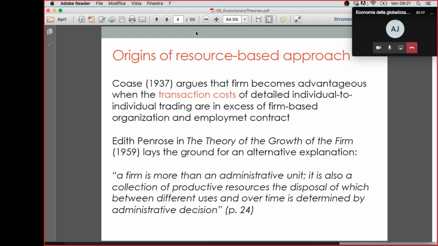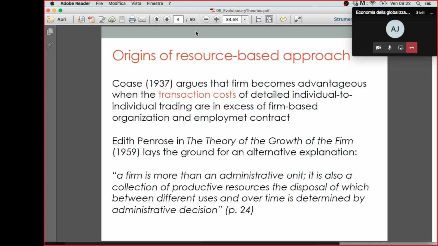They can be human resources, like people. They can be organizational resources, like the way in which things are done within the firm, which of course depends also on administrative decisions, but there is something more there that needs to be considered in order to really grasp what a firm is actually doing.